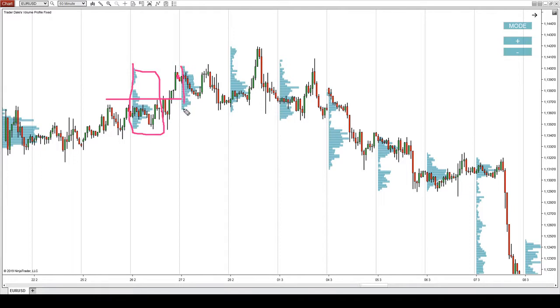After that, there's a temporary balance and a D-shaped profile, which is followed by a B-shaped profile, which indicates aggressive sellers. After that, there's another sort of B-shaped profile. It's not as clear, but I would say that this is also a B-shaped profile, another sign of strong sellers.